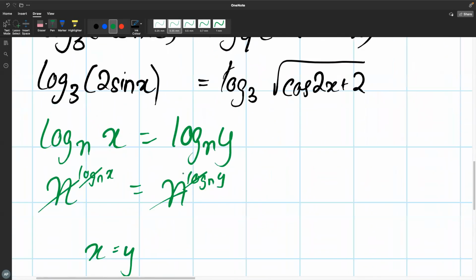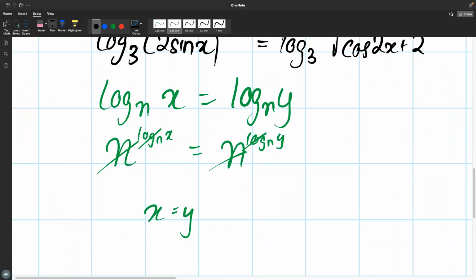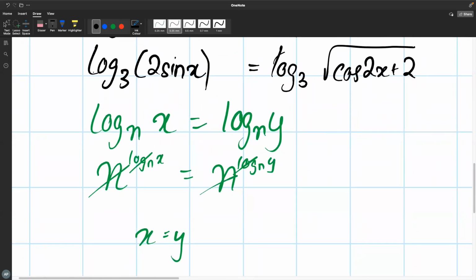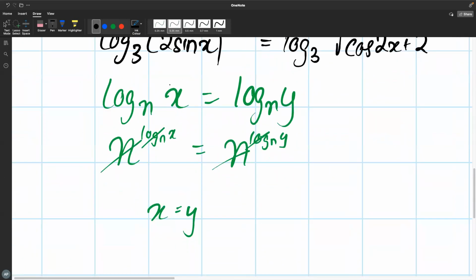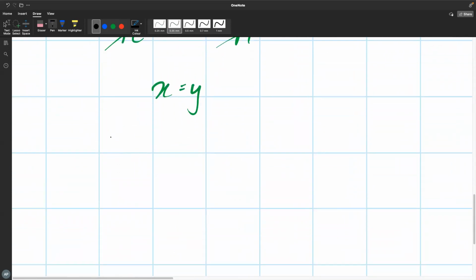So using that same idea over here, we can solve this equation. Because this is base 3, we can do 3 to the power of these. So this is essentially the exponent of 3. So 3 to the power of log base 3 of 2 sine x.